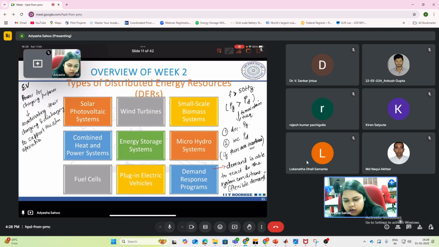So you can look at this EV as nothing but similar to a battery.